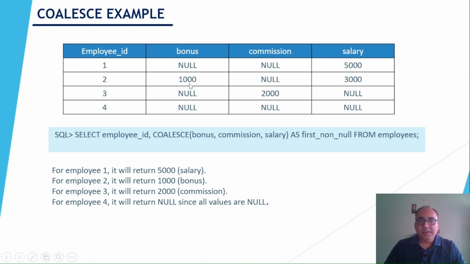It will return 1,000. Then employee ID 3. Here the first non-null value is 2,000, so it will simply return 2,000. Now employee ID 4. Since all the columns have null values, it will simply return null. So that's the use of Coalesce, which returns the first non-null value from the specified column list.